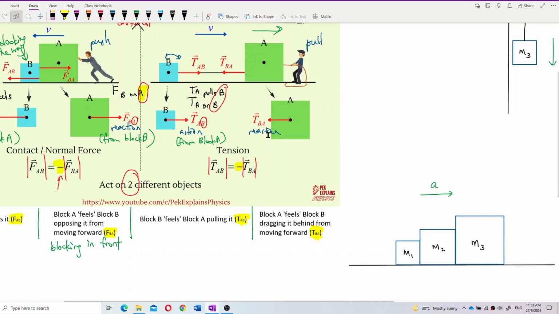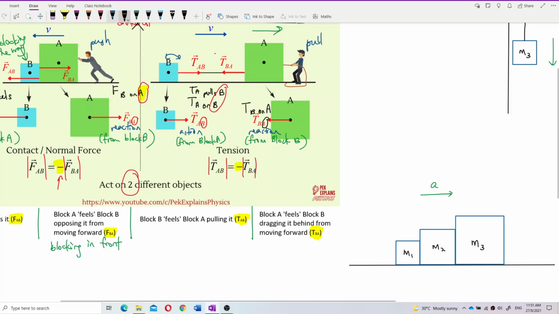So this reaction force comes from who? From block B. Who experiences the force? Block A experiences the force. So this force is actually B on A.